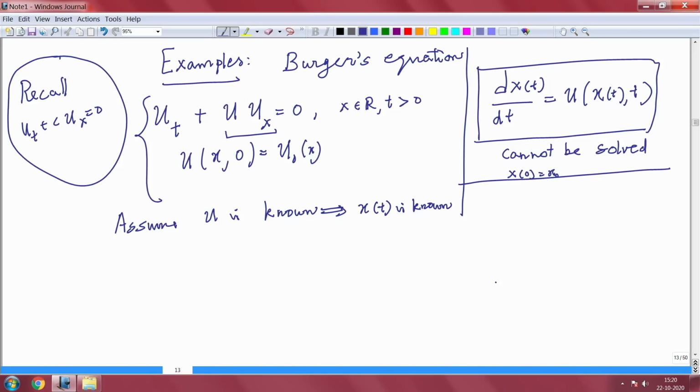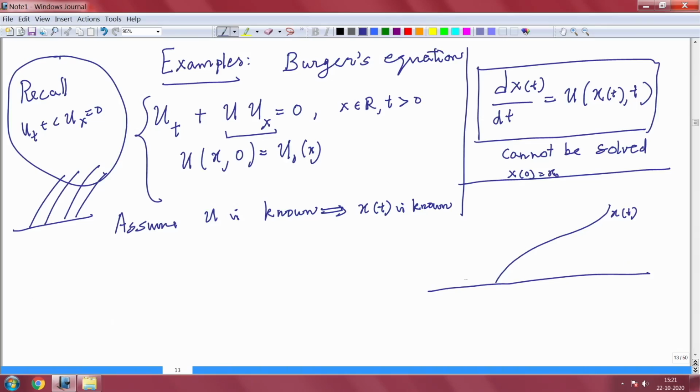Then I know that I have a curve here, x(t). Just like in the linear case, where you solved with c and obtained the characteristic curves, in this case you may get a curve like this. Assuming that u is known, you may get various characteristic curves passing through each initial point. This is what I am trying to do, and this is the t variable.